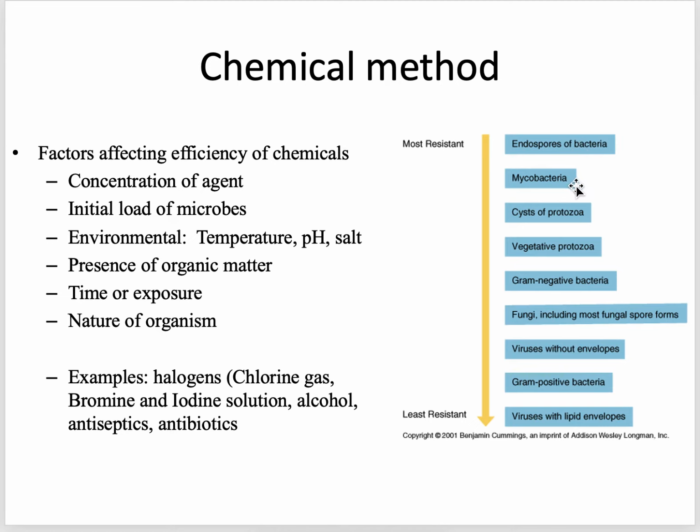Then come mycobacteria, then cysts of protozoa, vegetative protozoa, gram negative bacteria, fungi, viruses without envelopes, gram positive bacteria, and viruses with lipid envelopes. That was all about lecture 8.